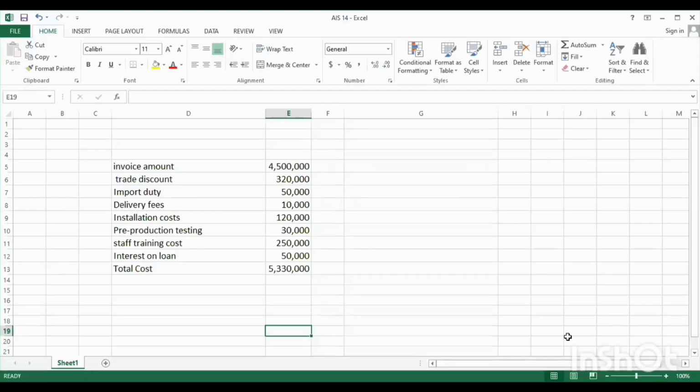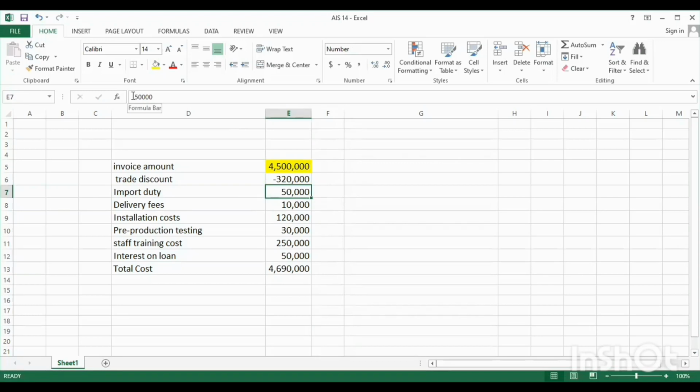Okay. Invoice amount, this is the purchase price of the asset. Trade discounts. What do you do with trade discounts on an asset? Should it form part of the initial cost of the asset? So trade discounts should be deducted. You deduct the trade discount from the cost of the asset.